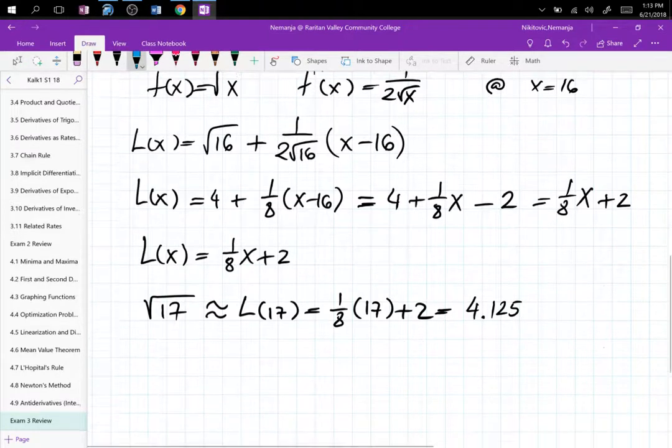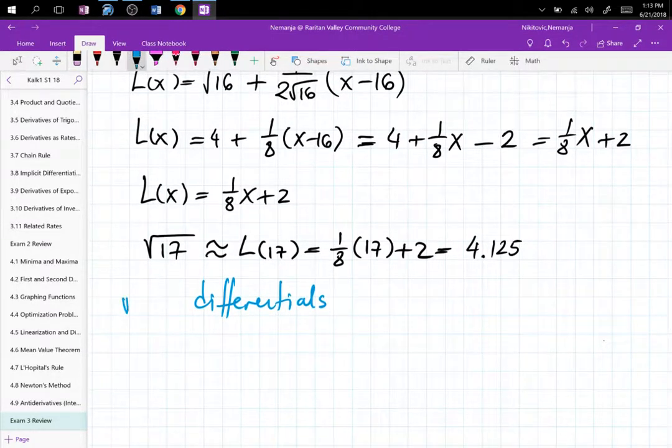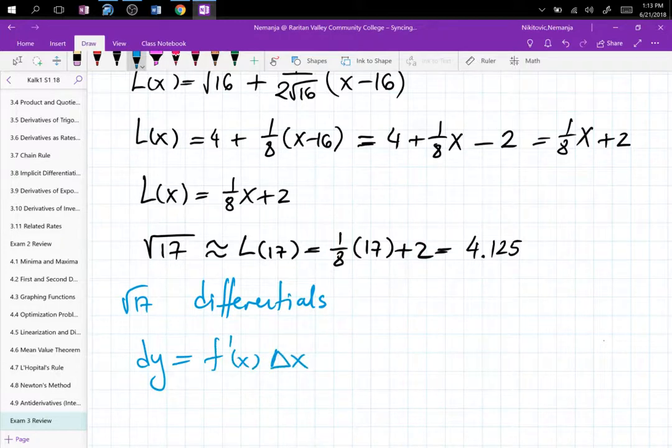Now the same problem with differentials: square root of 17. What you do for differentials is compute dy equals f prime of x times delta x.